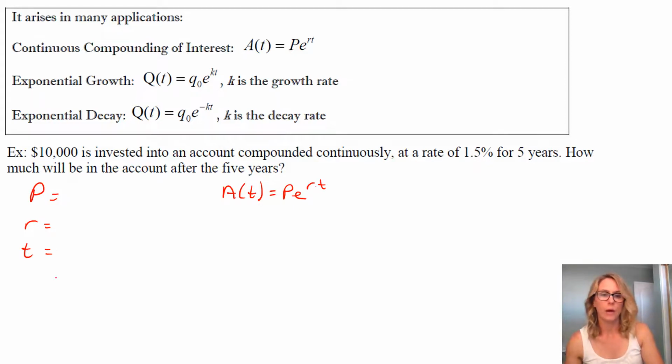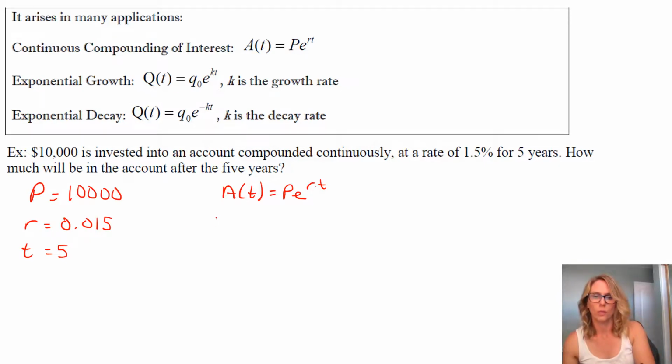In terms of finding out how much will be in the account after 5 years, we do want to look at what values we have. So go ahead and put whatever you're being given. You can pause if you want, fill in the values, P, R, and T. So we have 10,000, 0.015, and 5 years.